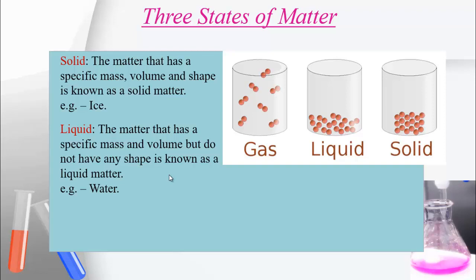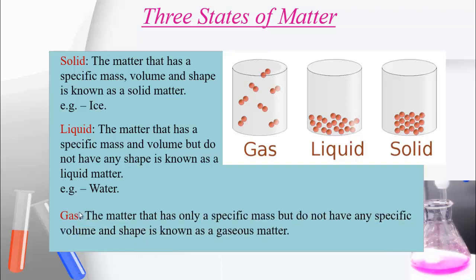Now for gaseous substance we can write the definition this way: the matter that has only a specific mass but does not have any specific volume and shape is known as gaseous matter. You know that gaseous substance has also not a specific volume. Why? Because gaseous substance occupies the whole space of the container.